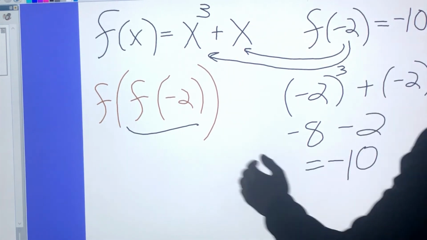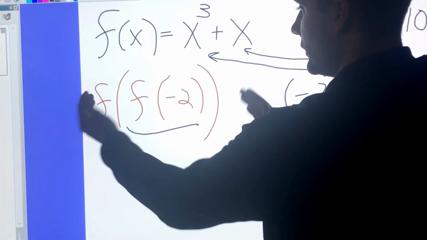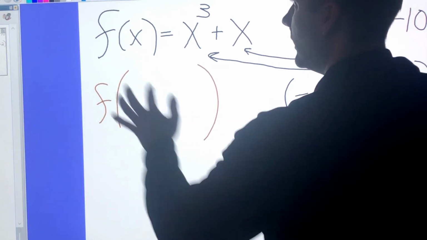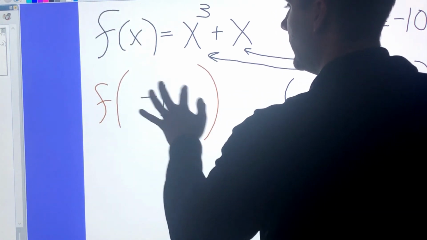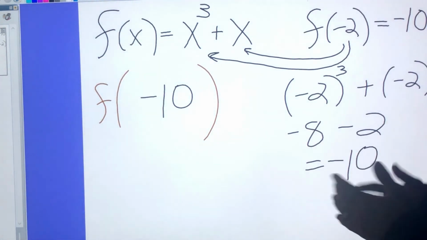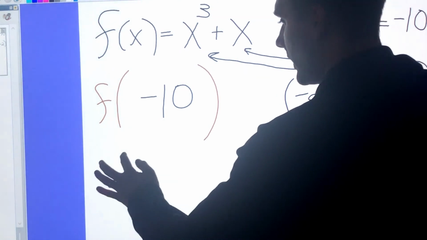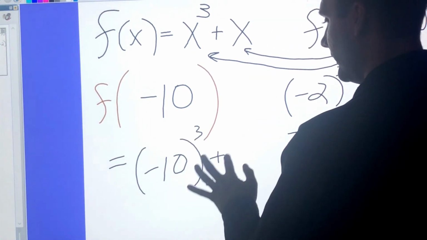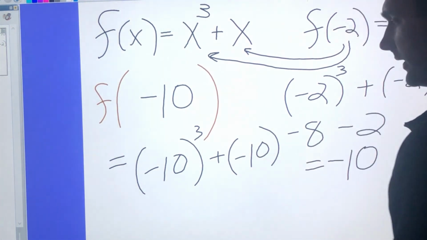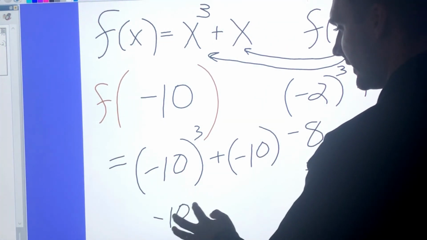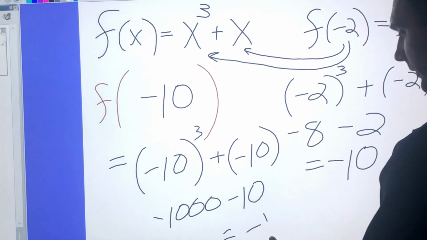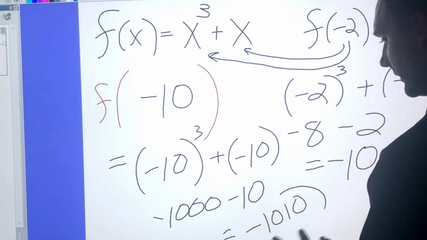So I found out what that value is. Now I can take that value, because this outside function was waiting on it, and replace this with my -10. Now I'm trying to find f of -10. So I'm going to plug in -10 for all values of x. That's going to give me -1000 minus 10, which equals -1010.